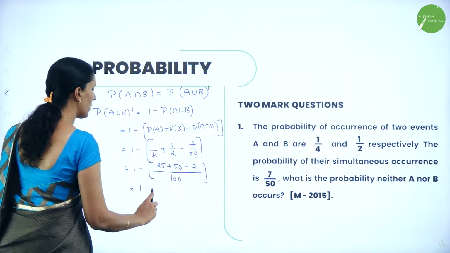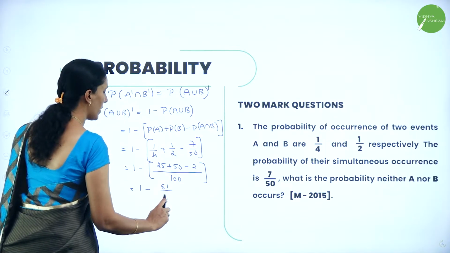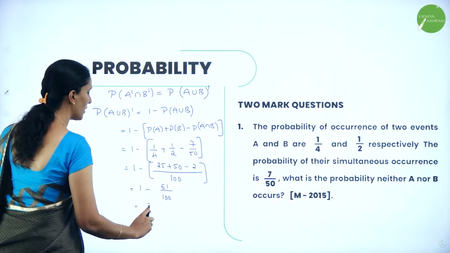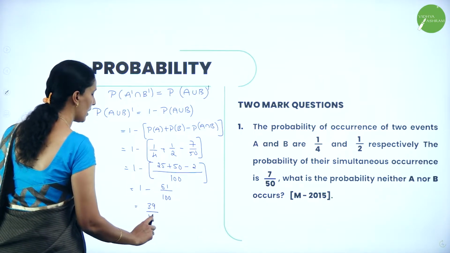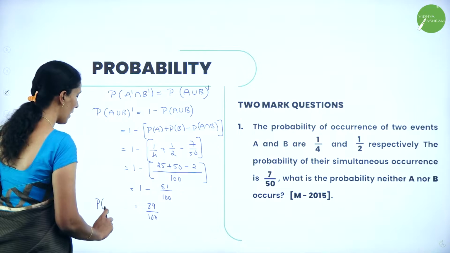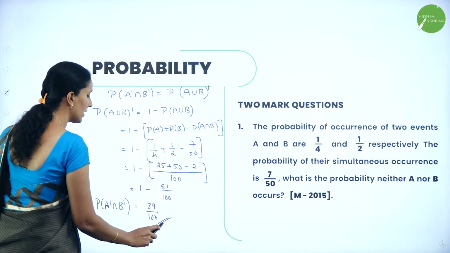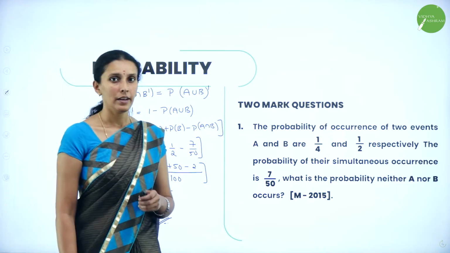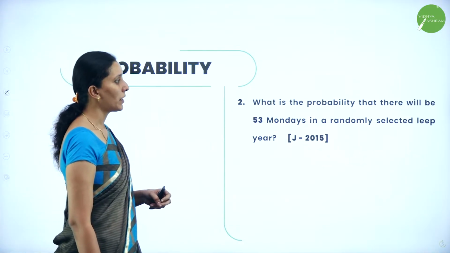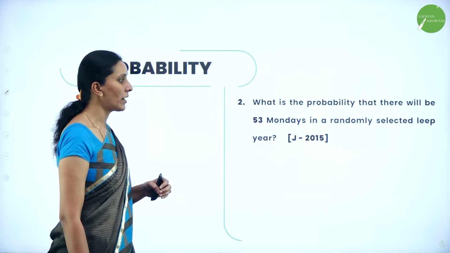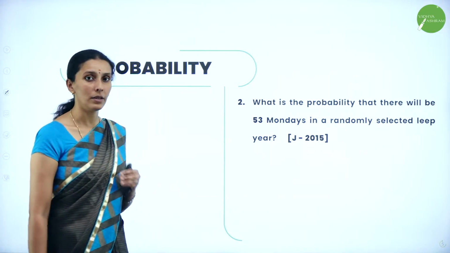That is equal to 1 minus 61 divided by 100. On solving, we will get 39 divided by 100. So therefore, the probability of neither A nor B is 39/100.